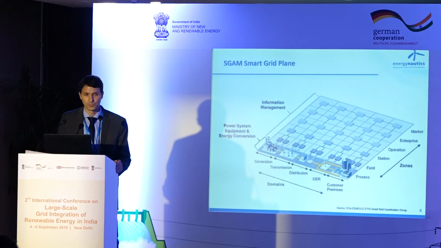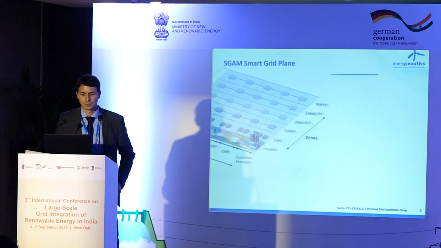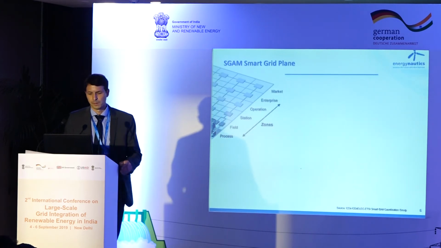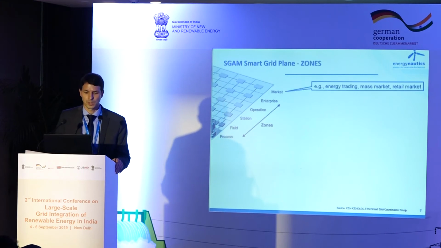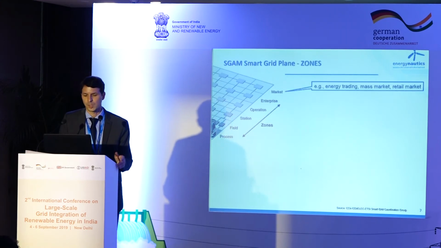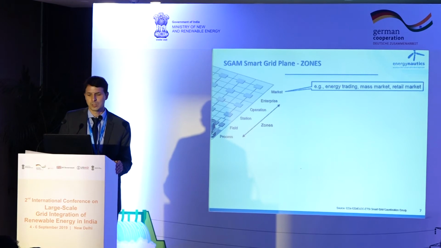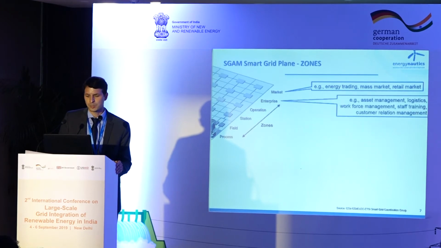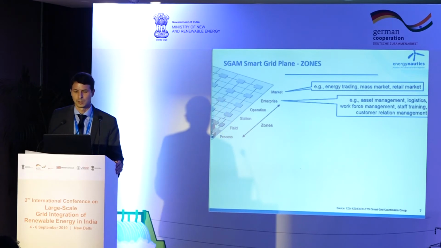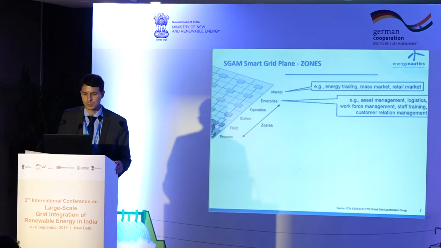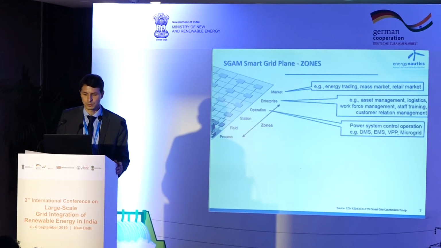And now let's move to the other side, to the zones. There, we can differ between markets. For example, energy trading, mass market, retail market. Enterprises, workforce management to be mentioned here, staff training, customer relation management, for example. Operation, it's about power system control, microgrids, virtual power plants, which can be included here.